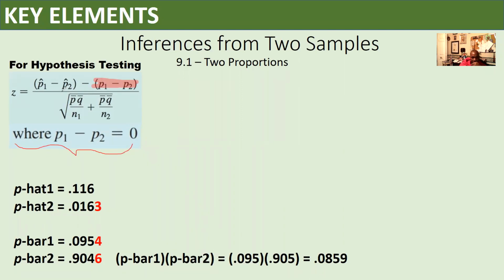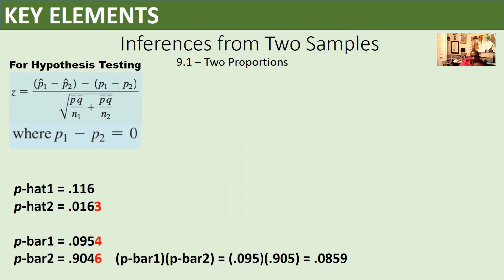Now, we need to figure out what the values of P hat are. P hat is the proportion of values that are successes in the first sample. P hat 2 is the proportion of values that are successes in the second sample.